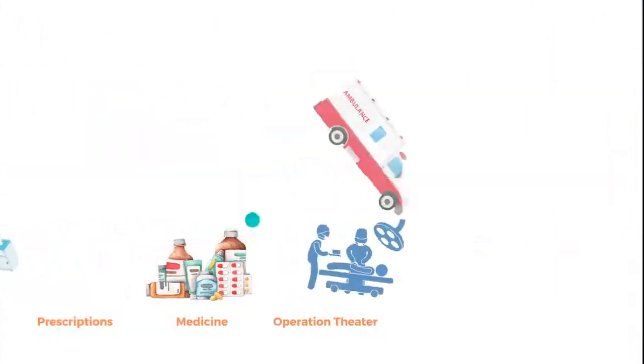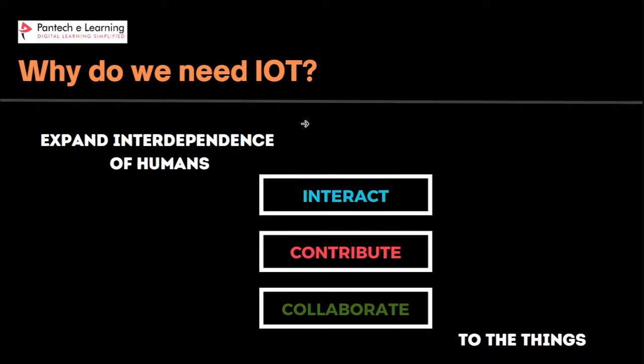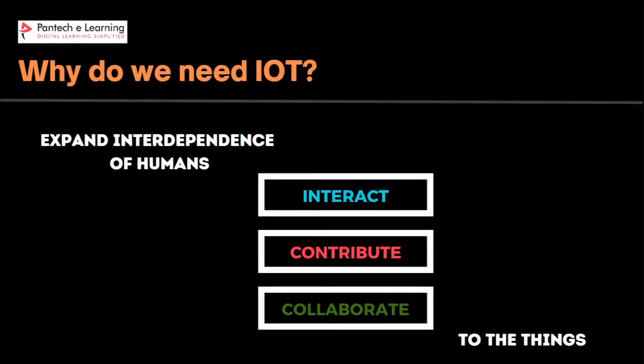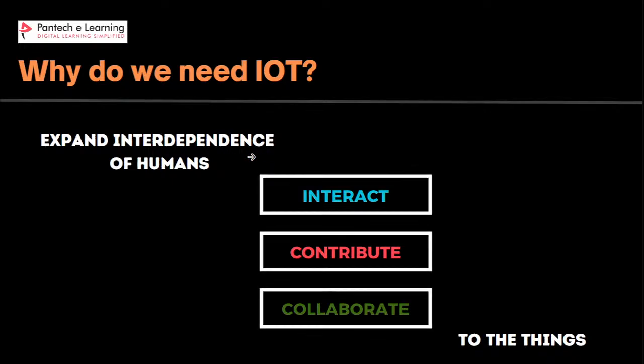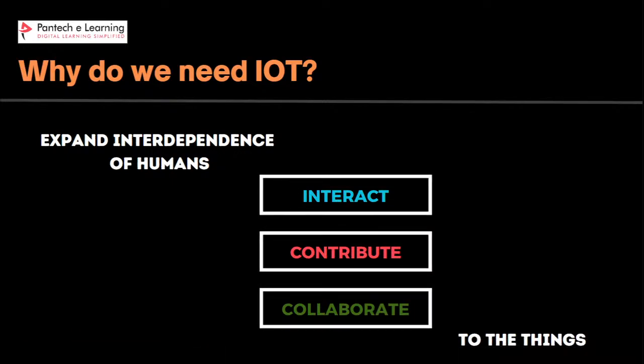So, see this. Now IoT is basically expanding the interdependence of humans to interact, to contribute and collaborate with the things around us. So what do I mean by interdependence of humans? How do we depend on each other?